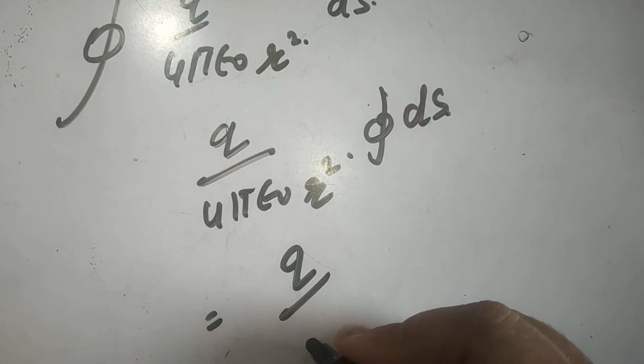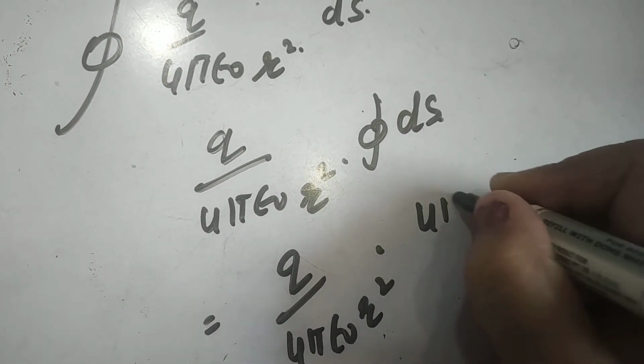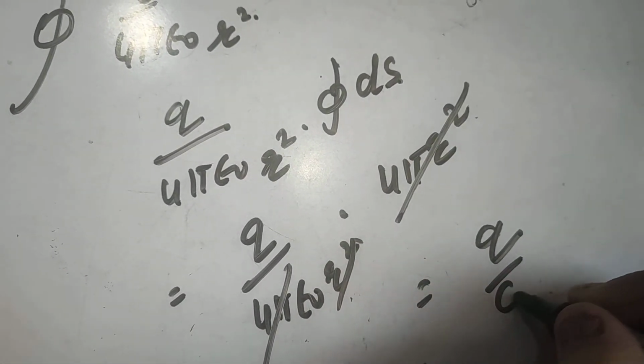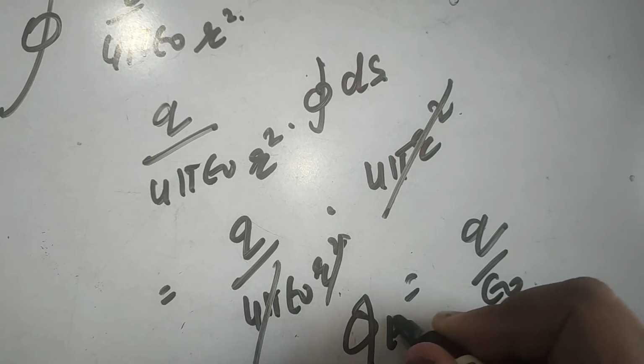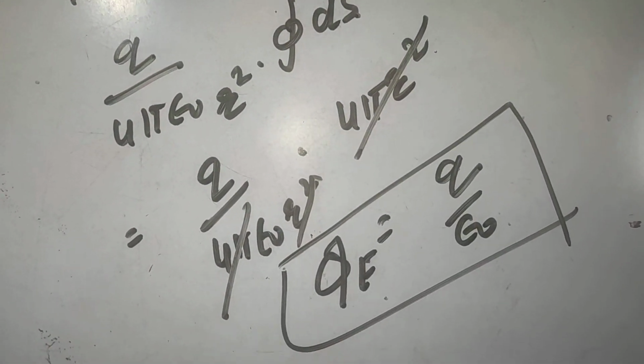Putting that value, 4 pi epsilon naught r square and 4 pi r square cancel out. So we are left with Q upon epsilon naught. It means the flux enclosing the surface in vacuum is given by Q upon epsilon naught, hence proved.